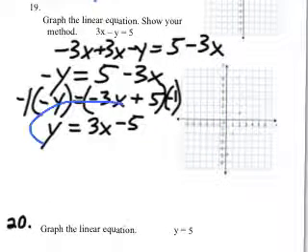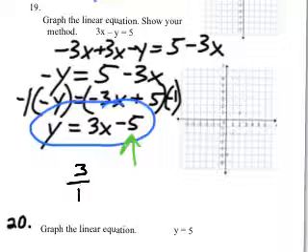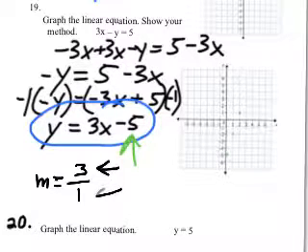Okay, so here's our slope-intercept form. The intercept is a negative 5, which we already have graphed right there. And then we'll do our slope. Our slope is 3 over 1. M equals 3, so we make a fraction out of it, 3 over 1. So the rise part is a 3 and the run part is 1.